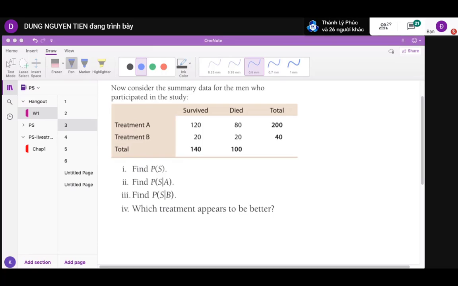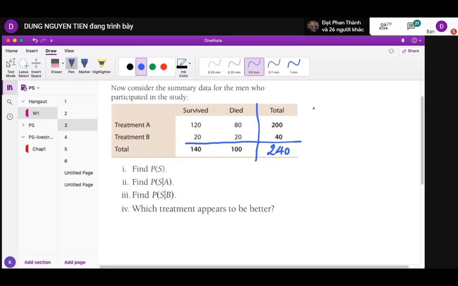Okay, so you got the answer 0.6. So A is better. Okay, so I'm going to compute the total number of patients, which is 240.